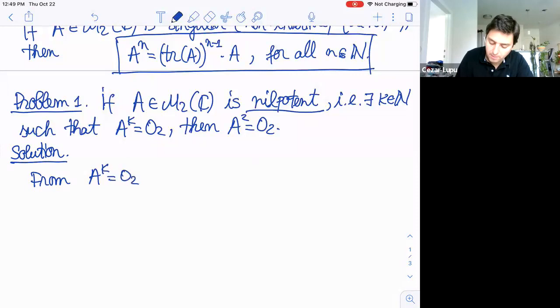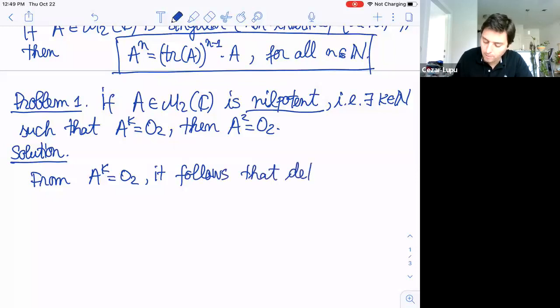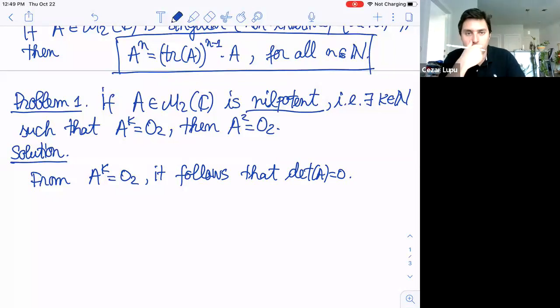By taking the determinant, it follows that the determinant of A is 0. That's obvious, right? Is it clear for everybody? Because if you take the determinant in A to the power k equals O2, it follows that the determinant of A to the k is 0, but the determinant of A to the k is the determinant of A, everything to the power k. You know that the determinant is multiplicative, so it follows that the determinant is 0.